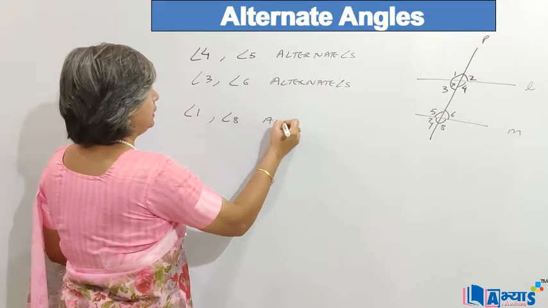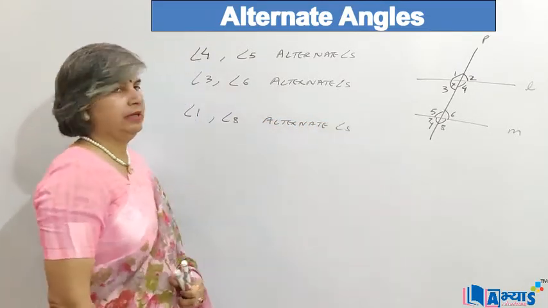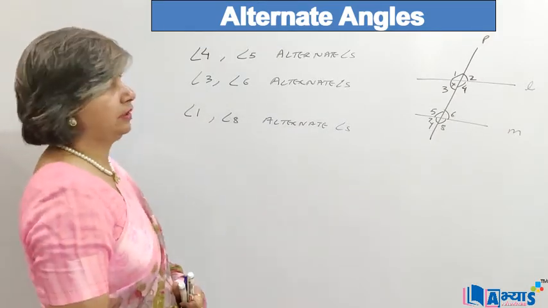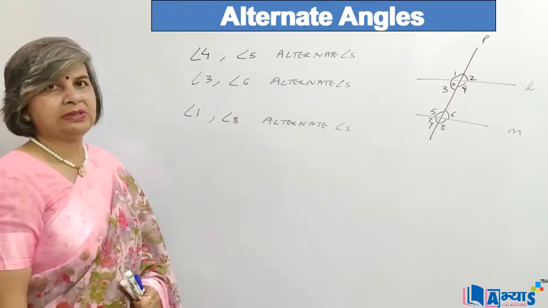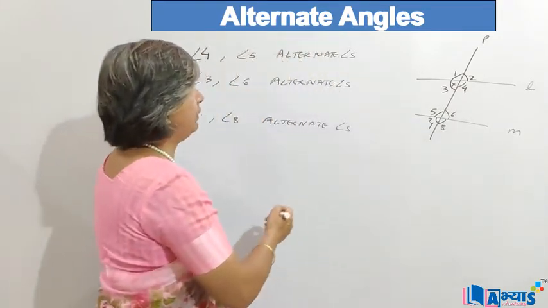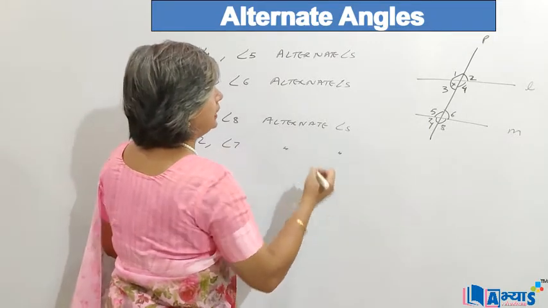It is again an alternate angle, because 1 is formed at line L and 8 is formed at line M when the transversal P is cutting them, and 1 is on one side of P while 8 is on the other side. Again, angle 2 and angle 7 are alternate angles.